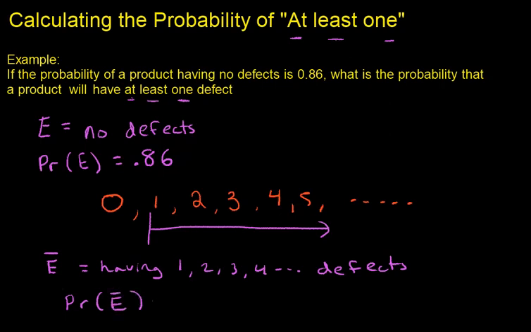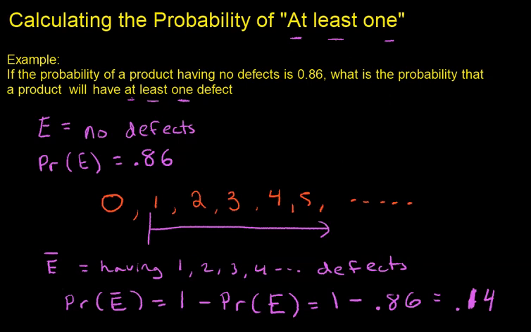I can use the equation that this is going to be 1 minus the probability of the event E. This is the rule of complements that we discussed in the previous video. So 1 minus the probability of having no defects: 1 minus 0.86, which equals 0.14. So the probability of having at least one defect is 0.14.